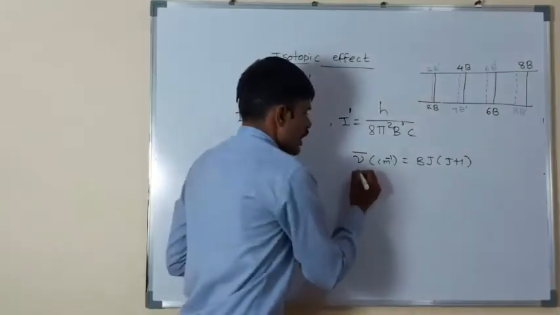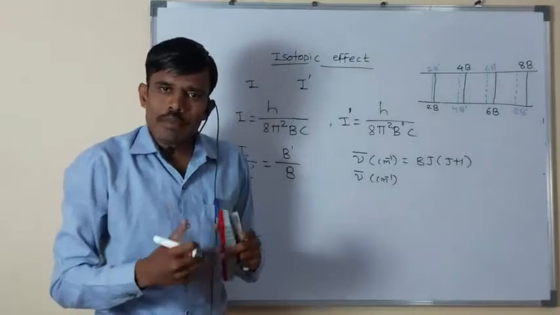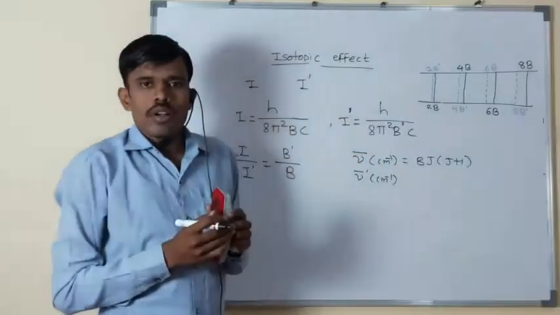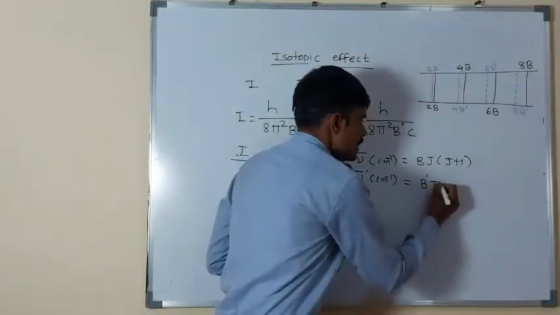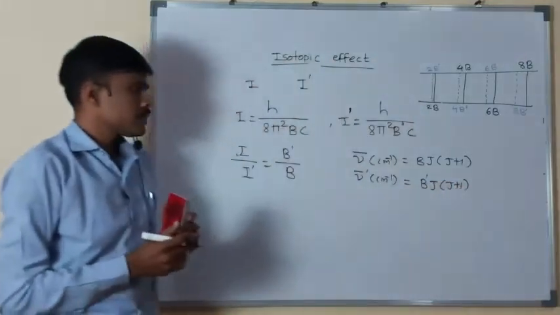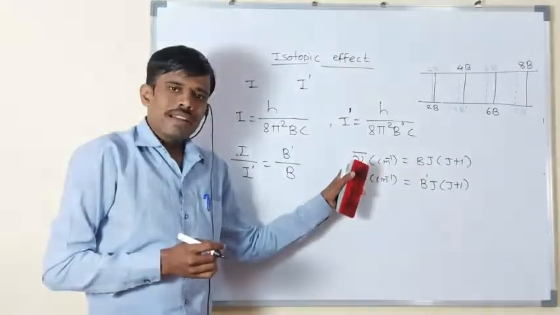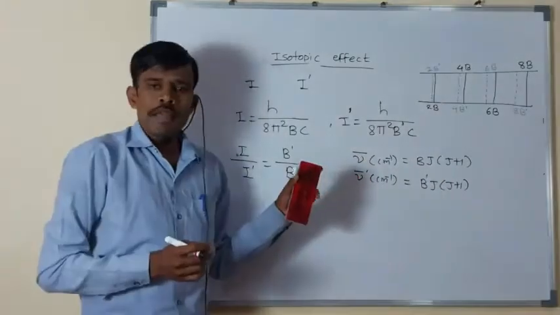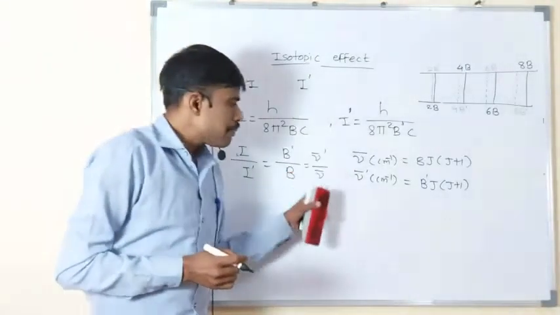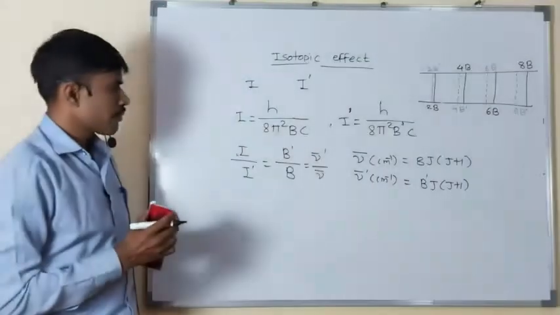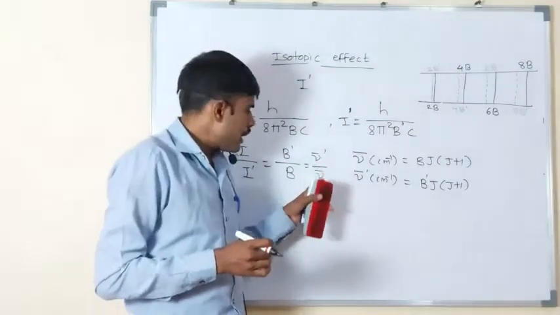Similarly, the frequency of spectral line after replacement of atom with the isotope, nu bar prime, is equal to B'(J+1). So B is proportional to nu bar and B' is proportional to nu prime bar. So you can write nu prime bar divided by nu bar.